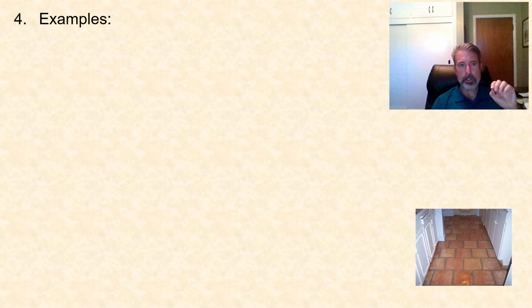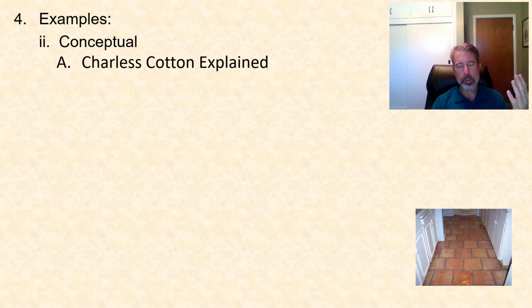So we will now take a look at some conceptual examples, no calculations required, where we have to apply these concepts that are present in our empirical law of thermal conduction. So we'll start by explaining the demonstration that you saw at the beginning of this lecture, where a cigarette was allowed to burn a piece of cloth. It quickly brought up that cloth to its combustion temperature, Fahrenheit 451, roughly, when the cloth was just exposed to the air.